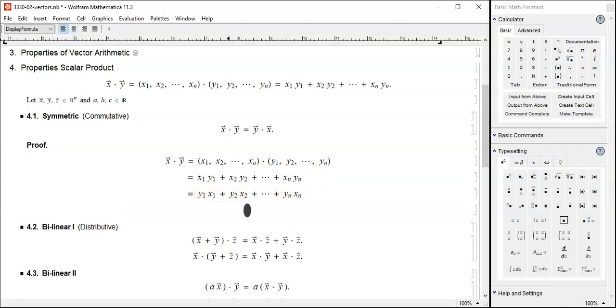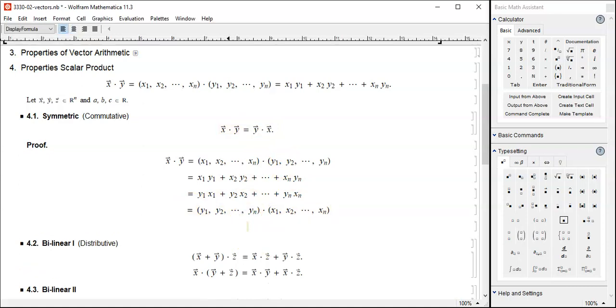Now let's go back to the definition. This is y dot x, and let's align the equalities and then we are done. By the definition, the final expression is the same as y dot x, the right hand side.